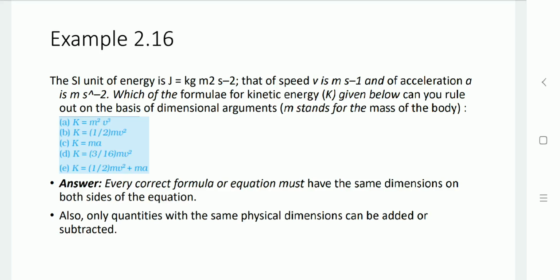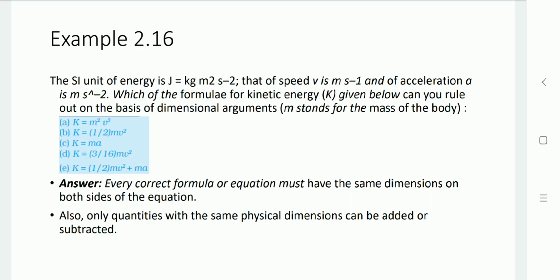Which of the formulas for kinetic energy K given below can be right on the basis of dimensional equation? Now, to get the correct formula of the equation with the same dimension, we need to verify both the sides. So only quantities with the same physical dimensions can be added or subtracted.